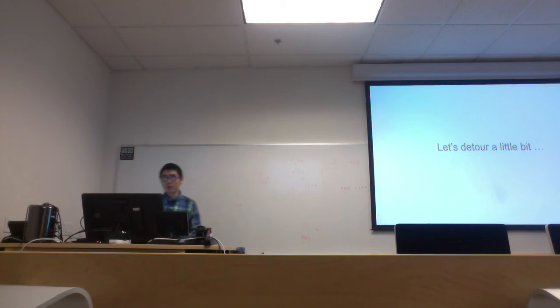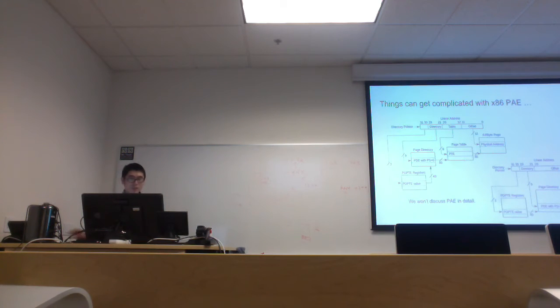That makes the page table quite complicated. For example, if you are translating a 32-bit virtual address to a 40-bit, 48-bit or 52-bit physical address, you need a 3-level page table instead of 2-level.